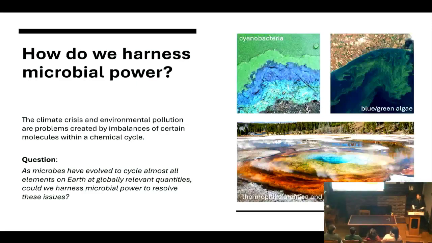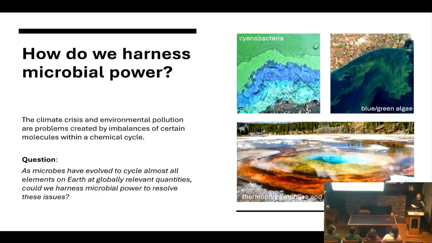If you think about it, the climate crisis is caused by greenhouse gases that are carbon-based, so CO2 and methane mainly. And if we could balance out that carbon cycle, as in take out that carbon in that form and put it into other forms, so organic carbon or into calcium carbonate in the rocks, we would be able to mitigate the problem. It's the same with environmental pollution.